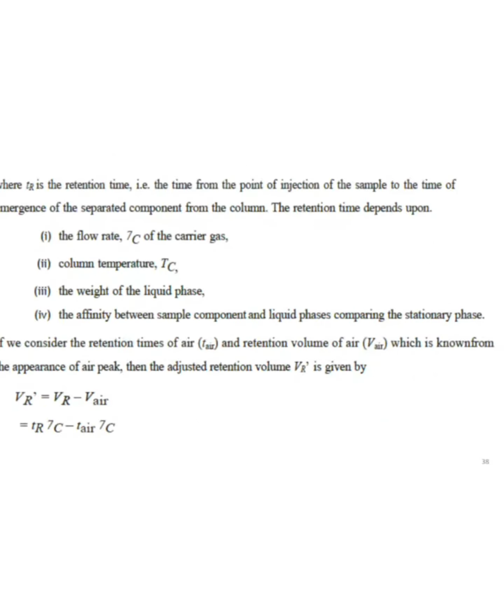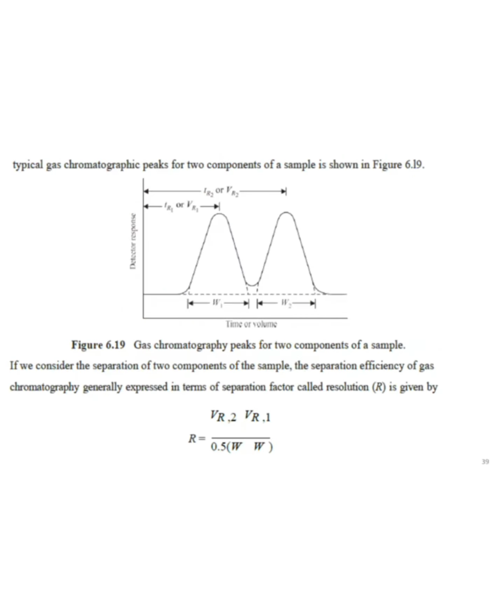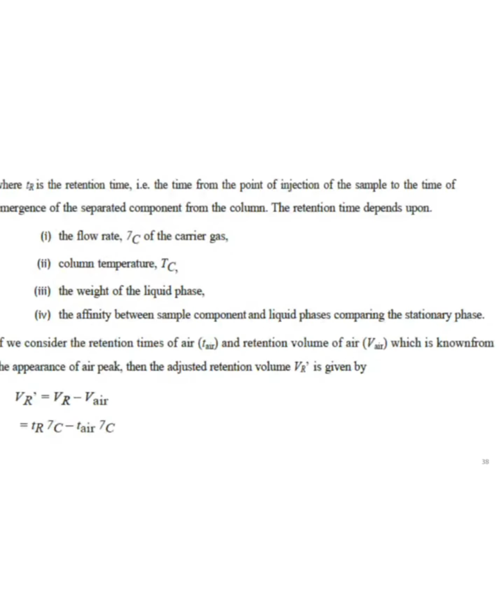Characterization of gas chromatography peak and peak resolution. Here we are going to see the flow rate, the column temperature, and the weight of the liquid phase. Liquid phase is nothing but the stationary phase.